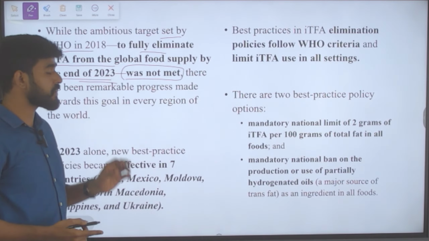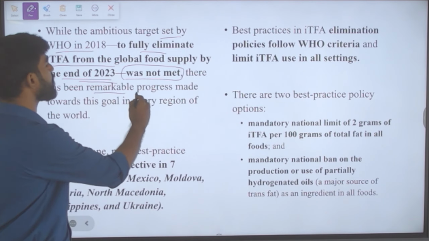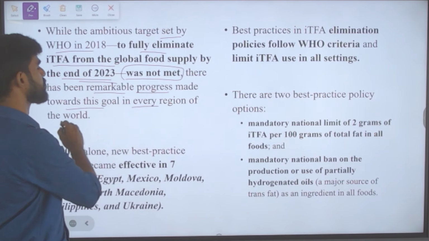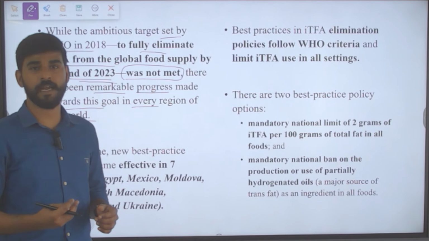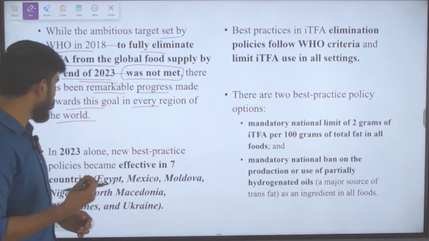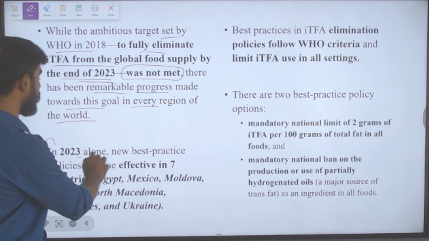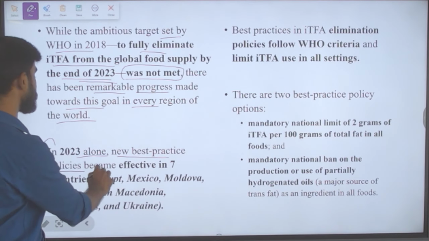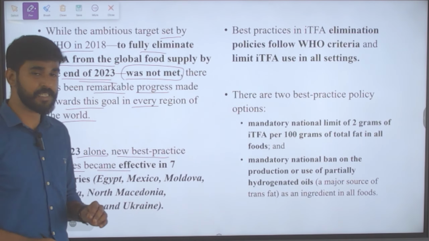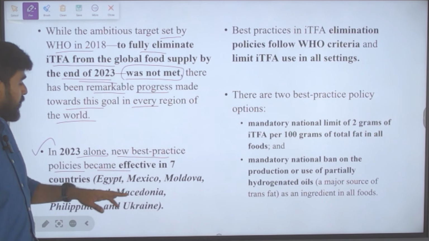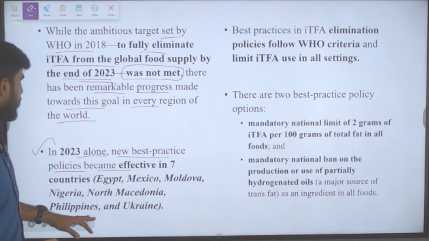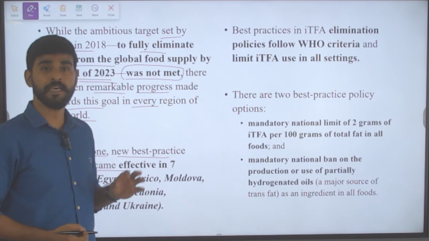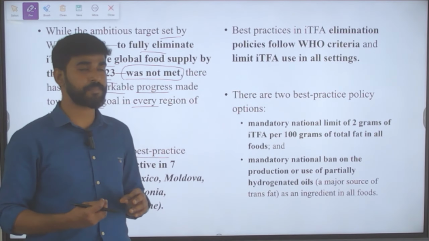In spite of that, many countries have made remarkable progress in terms of making best practice policies. Okay, so what are they? In 2023 alone, new best practice policies became effective in 7 countries like Egypt, Mexico, Moldova, Nigeria, North Macedonia, Philippines, and Ukraine. In all these countries, best practice policies were adopted.